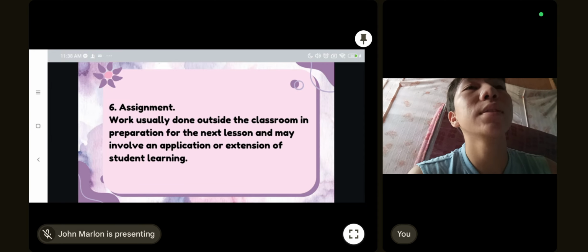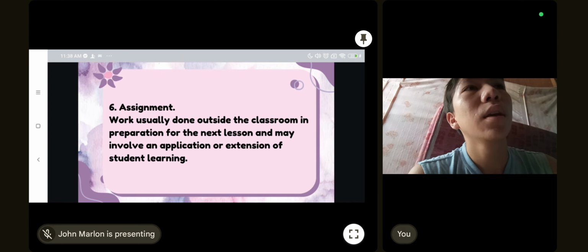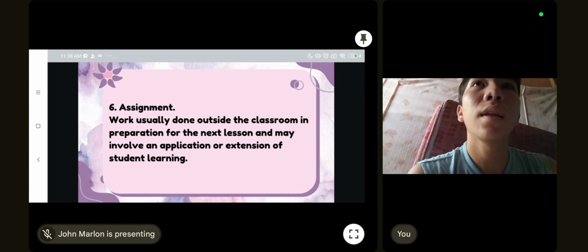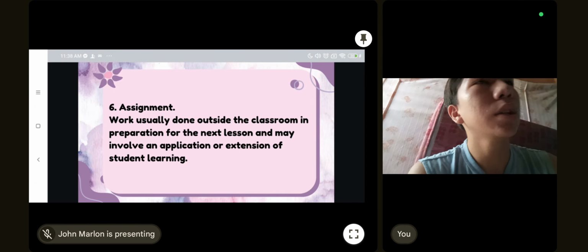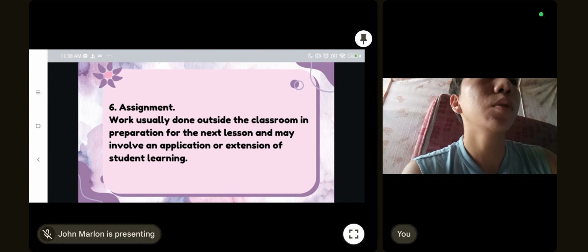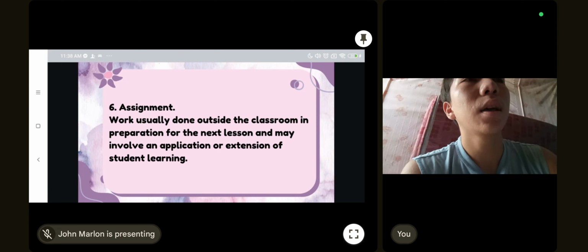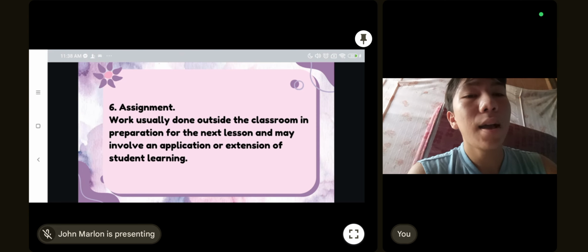For example, the teacher conducts the next lesson, so she gives an assignment that involves the next lesson, so the student will have an idea of the next topic.